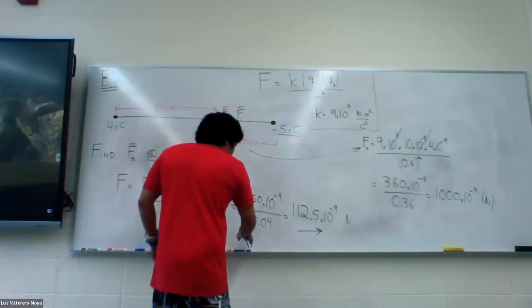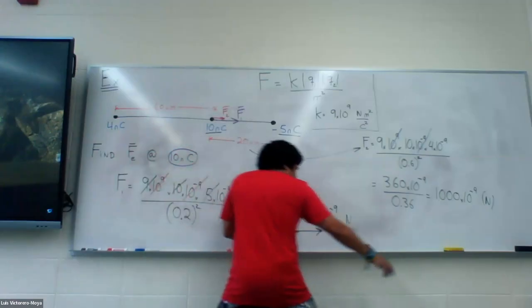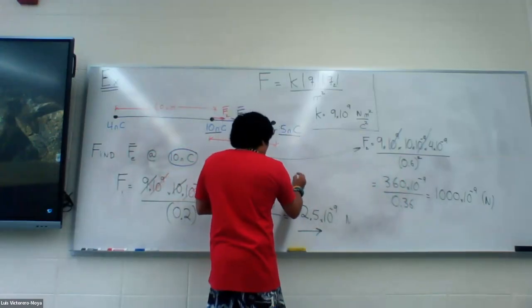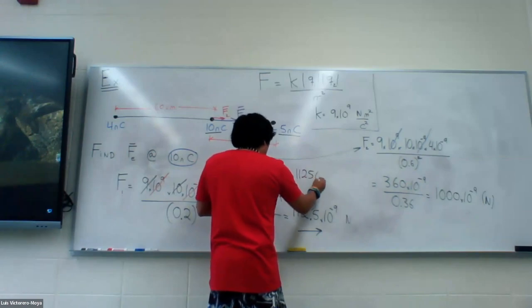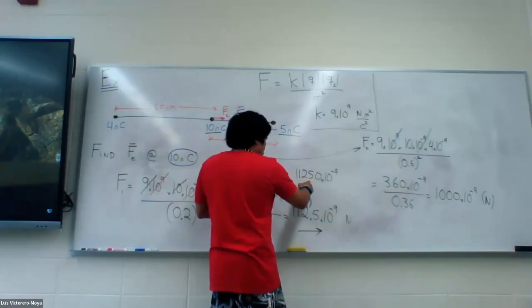Hey, Professor, for F1, would it not be 112.5 times 10 to the power of -7? Yeah, yeah. That's right. So that's 1, 1, 2, 50. 1, 2, 3.